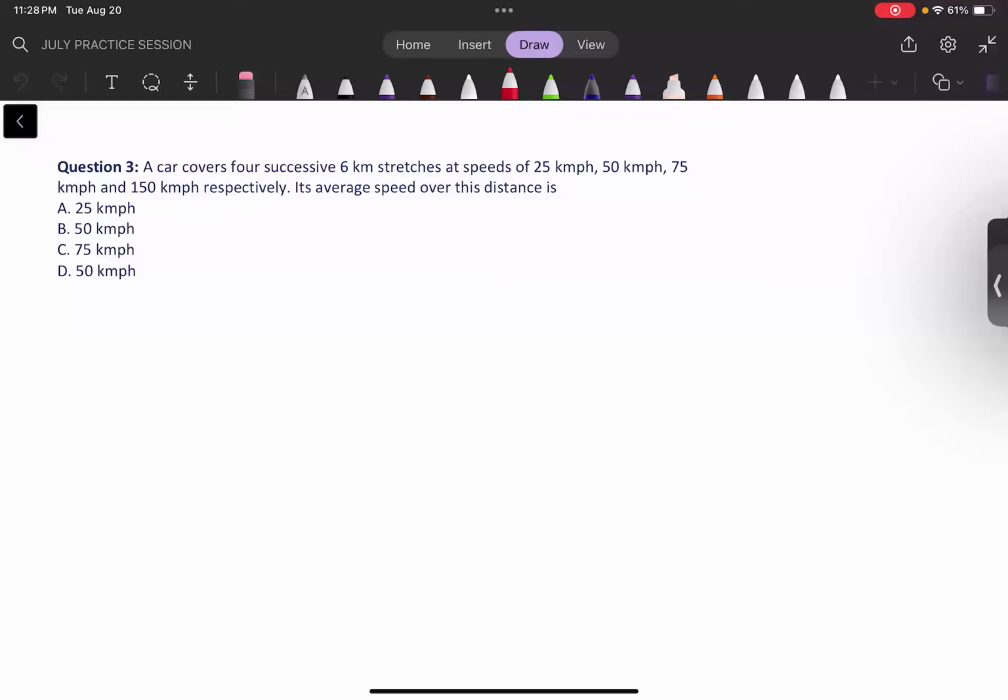So 6 kilometer four times. 6 kilometer, again six, again six, again six. Okay, so let me write very properly. Six, again six, again six, again six. Now, what they are saying is the first 6 kilometer, let me write the speed first, 25 kmph.